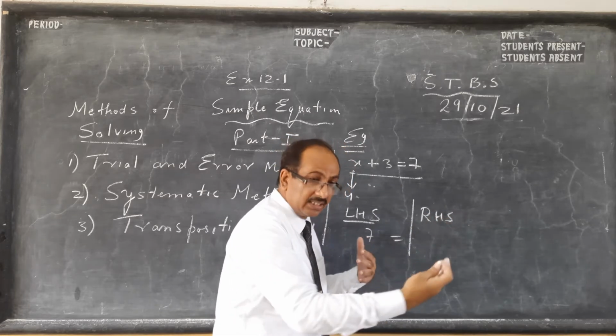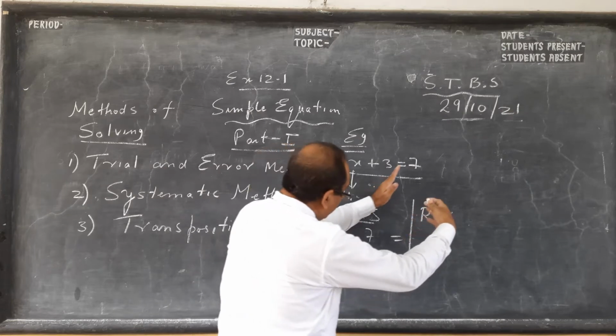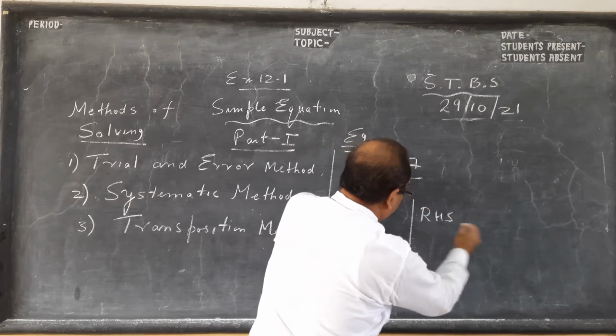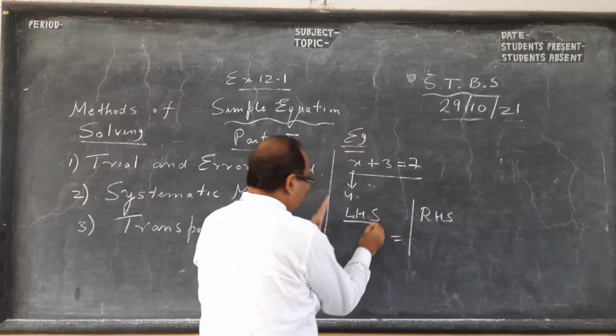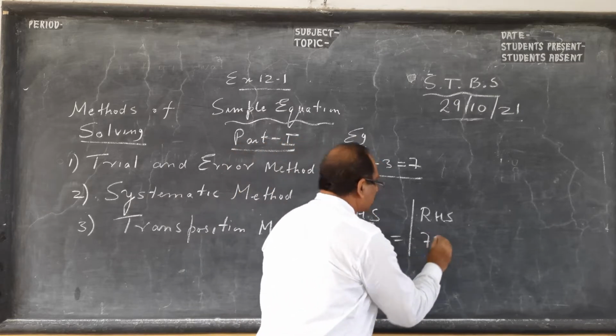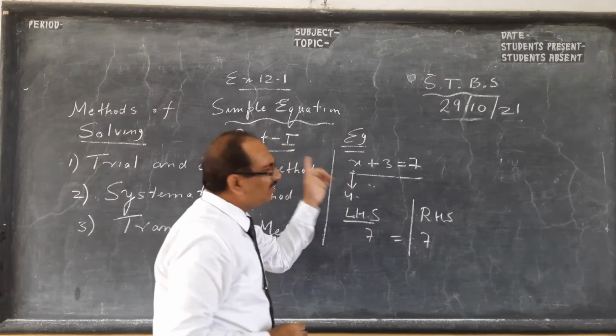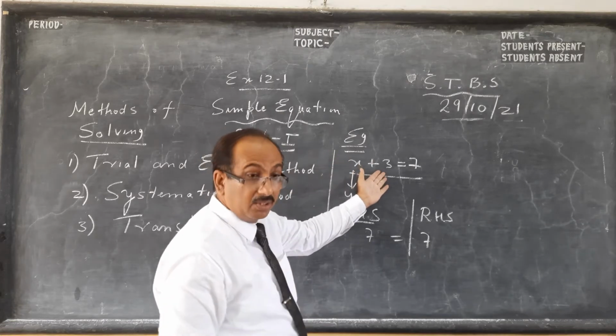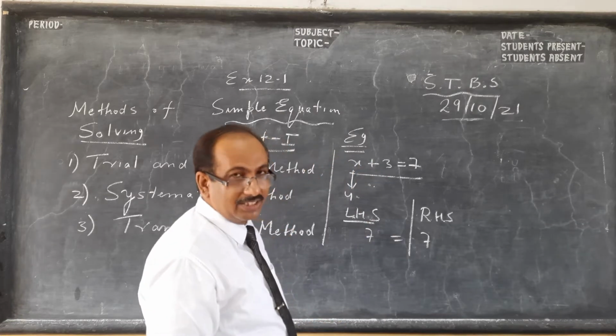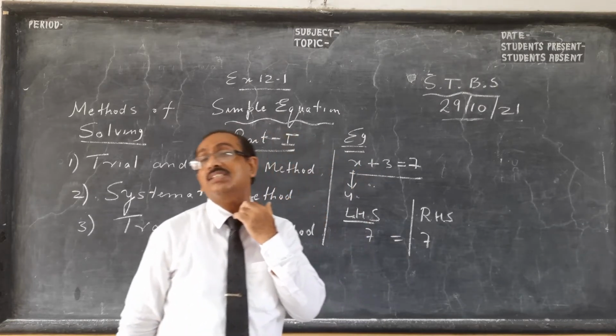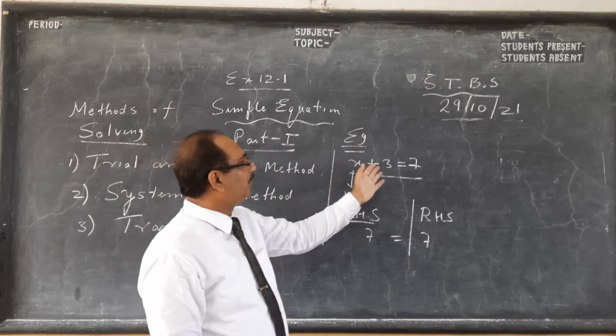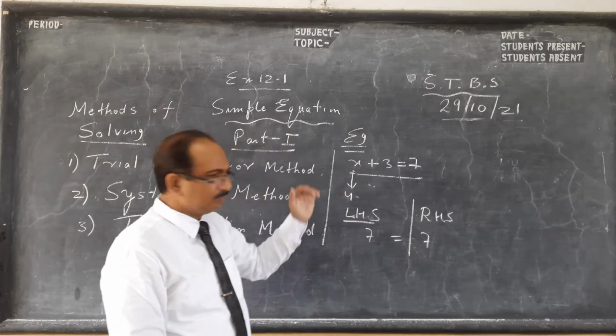You will say, sir, what is the right hand side? This way I take the equal sign, this is called the right hand side and this is the left hand side. So basically both sides should be equal. In the hit and trial method, you will see what should be added to 3. It's small class mental maths, if you remember, boys. You will see what should be added to 3 to make it 4.